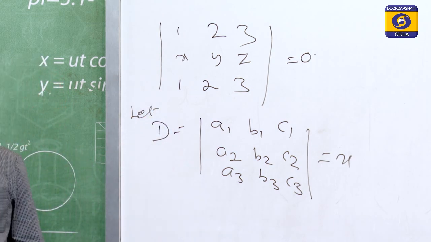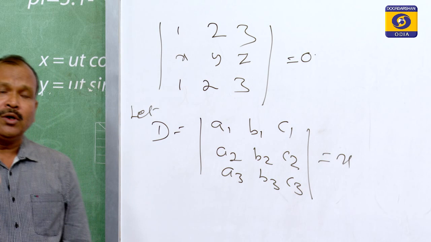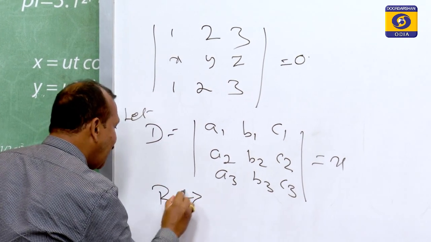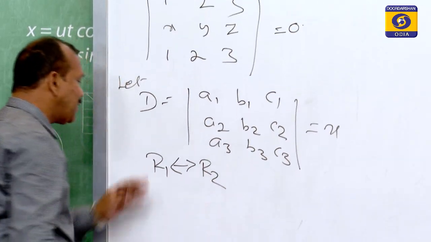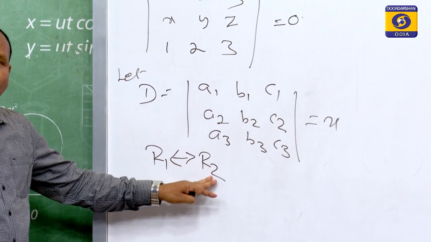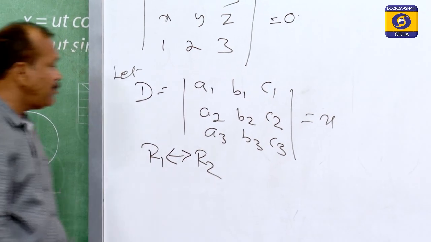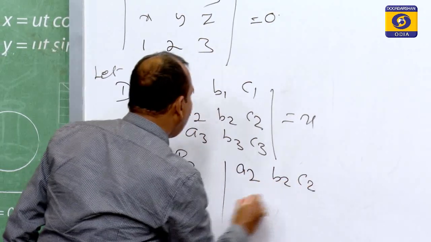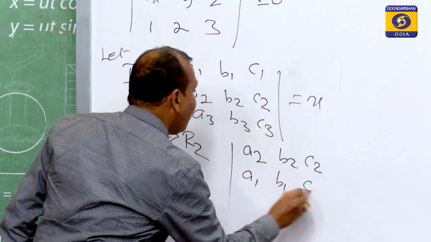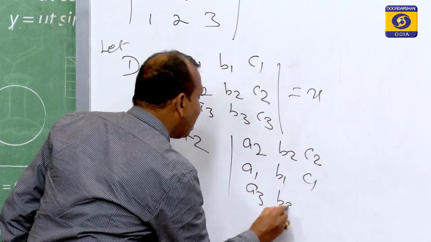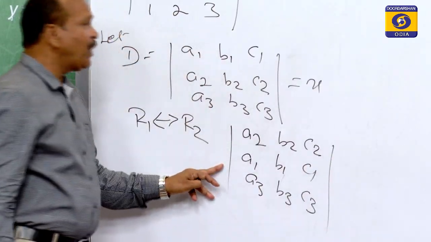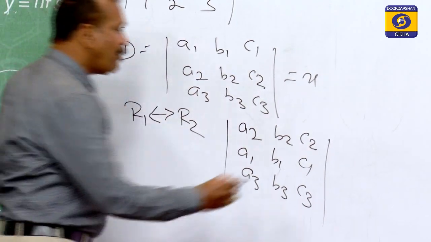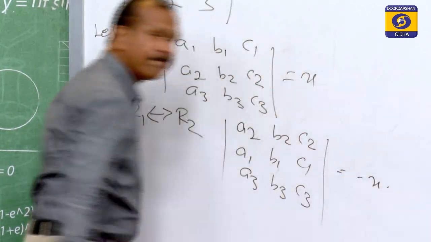If we interchange the first row and the second row, that means R1 changes to R2 and R2 changes to R1, then the determinant becomes A2, B2, C2, A1, B1, C1, A3, B3, C3. The value remains the same but the sign is changed. That means the value becomes minus x.